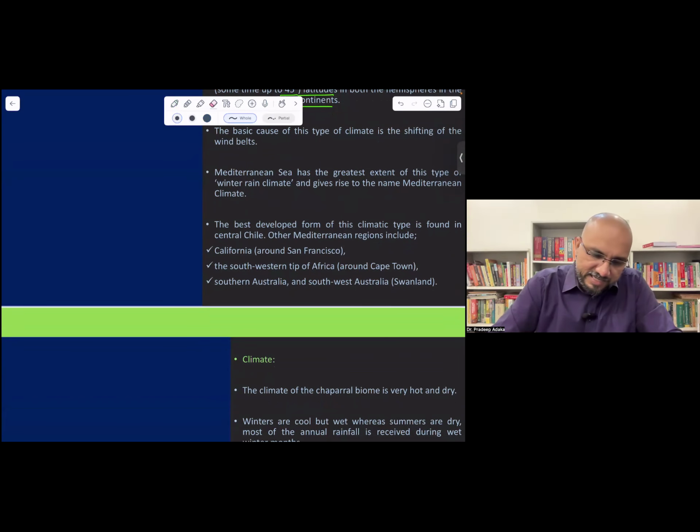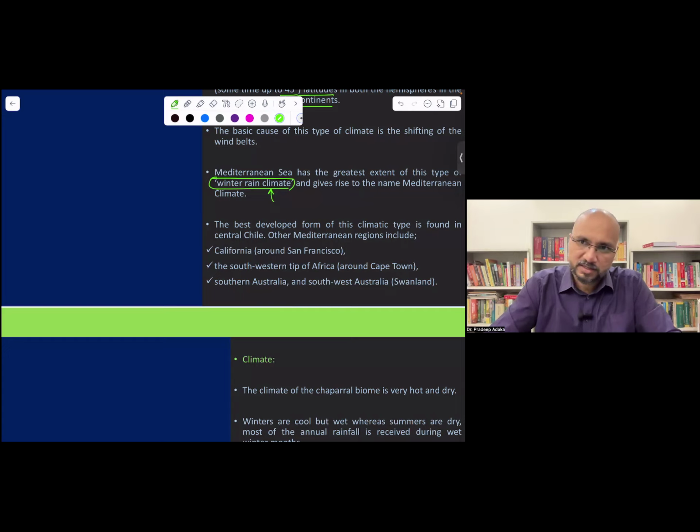The Mediterranean Sea region has the greatest extent of this type of winter rain climate: warm, dry summers and mild, wet winters. The characteristics are hot, dry summers and warm, wet winters.